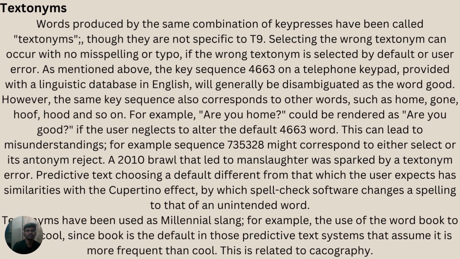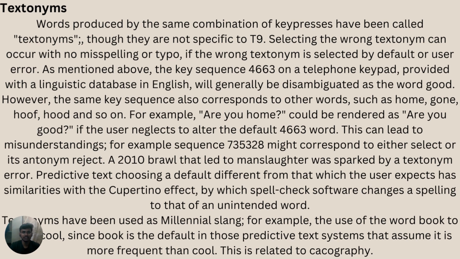And the next is textonyms. Words produced by the same combination of key presses have been called textonyms. Though they are not specific to T9, selecting the wrong textonym can occur with no misspelling or typo. If the wrong textonym is selected by default or user error, as mentioned above, the key sequence 4663 on a telephone keypad provided with a linguistic database in English will generally be disambiguated as the word good.